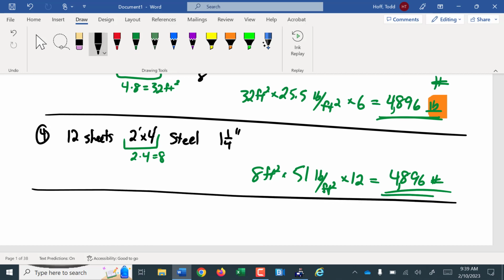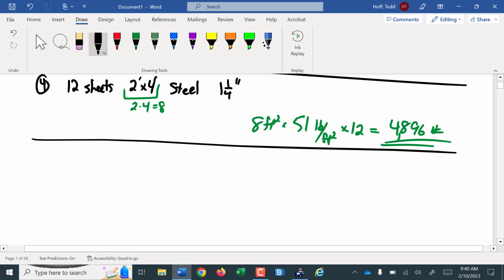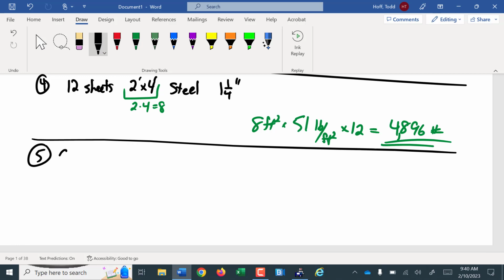Any questions on those? So number 5, the term that's used in your textbook is a cylindrical vessel, or just a vessel. See if I can actually spell this right the first time. I think that's close.